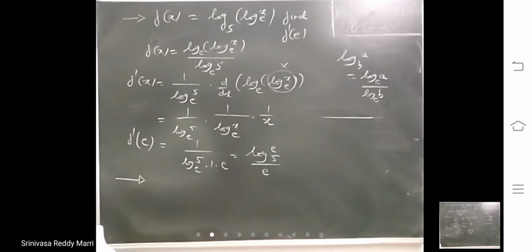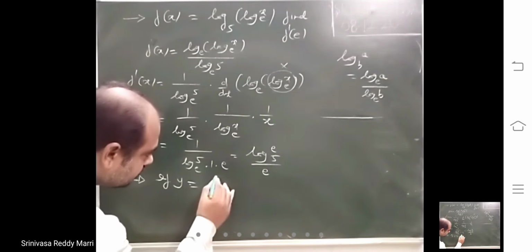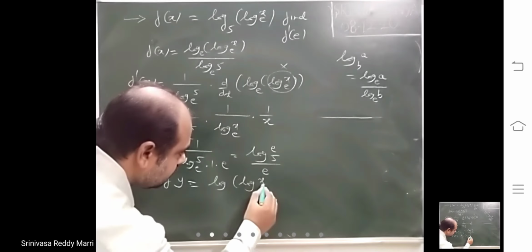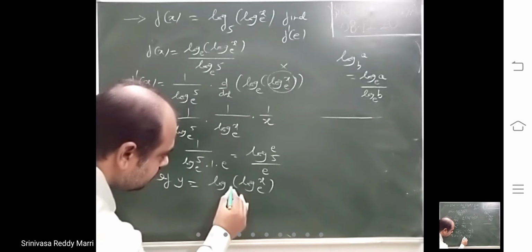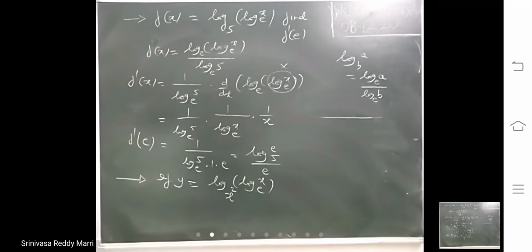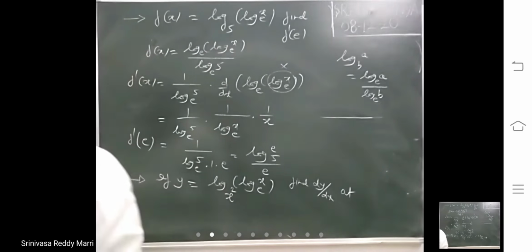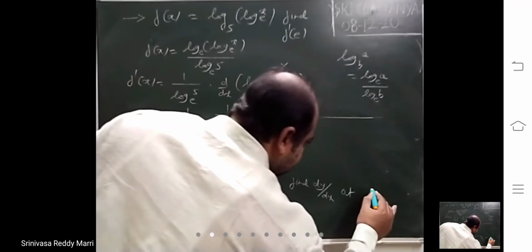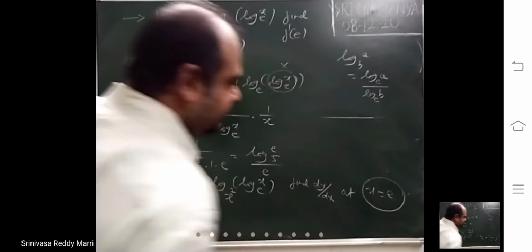Next, if y equals log of log x to the base e, base x square, find dy by dx at x equal to e.